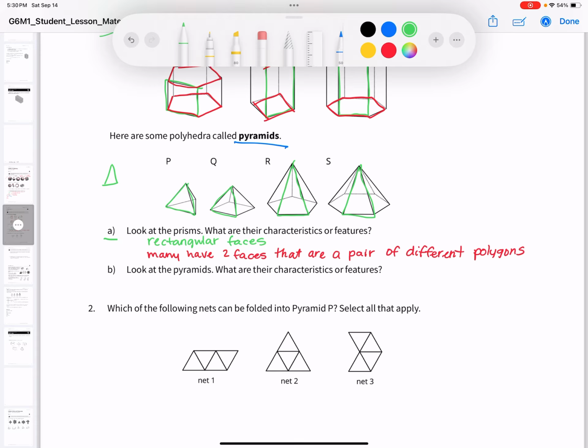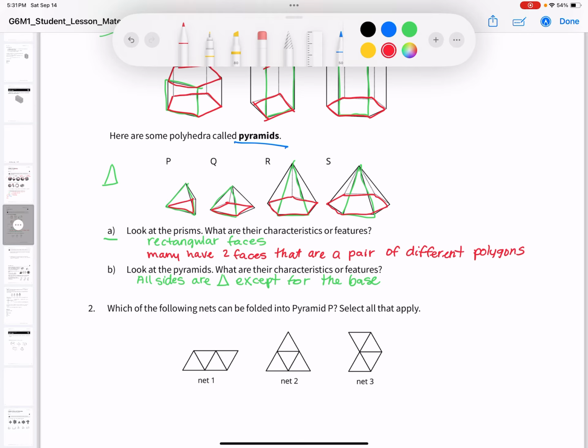So all sides are triangles except for the base. You can see down here, this base is a triangle, so it can be a triangle for a base, but this one is a square. This one is a 1, 2, 3, 4, 5 pentagon. This one is a hexagon, I bet.